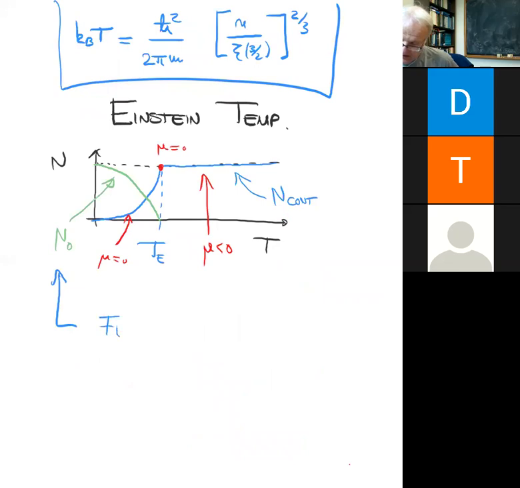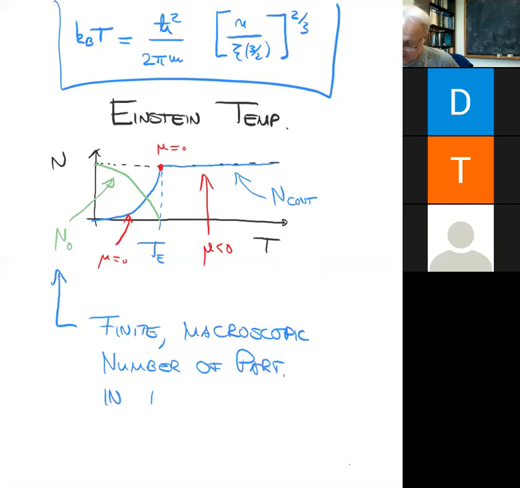So there's a finite and indeed macroscopic number of particles. If you have 10 to the 23 atoms, they're now on the order of 10 to the 23, and eventually all of them are in the ground state.